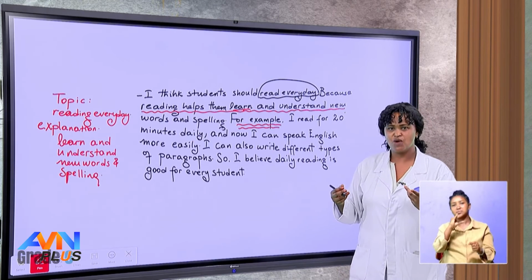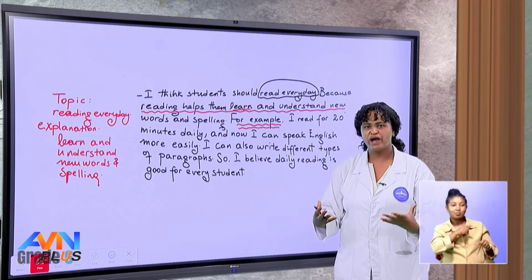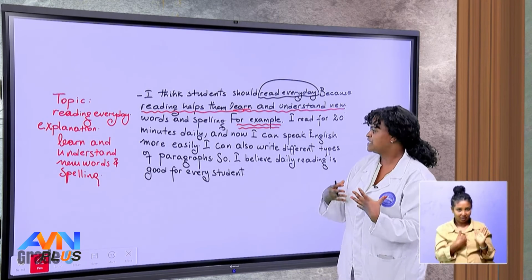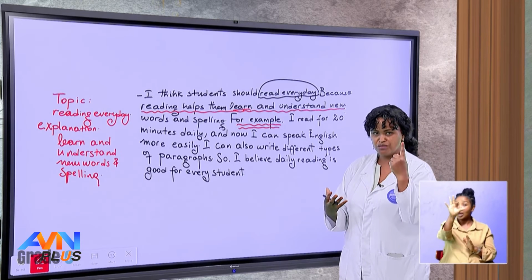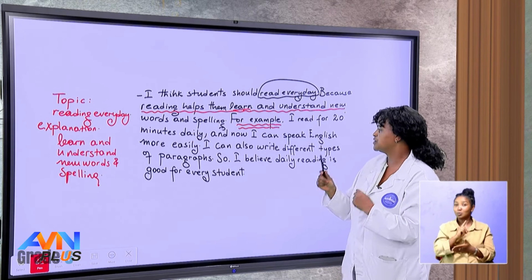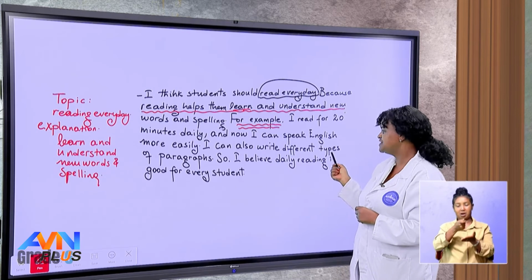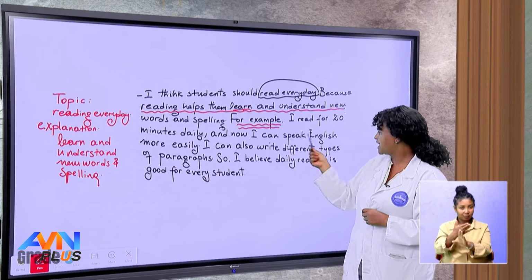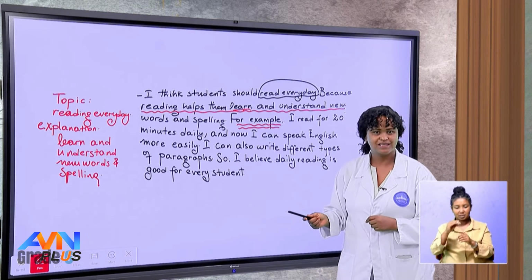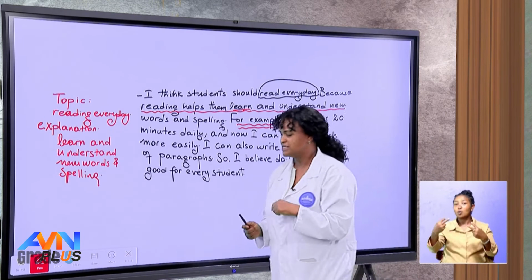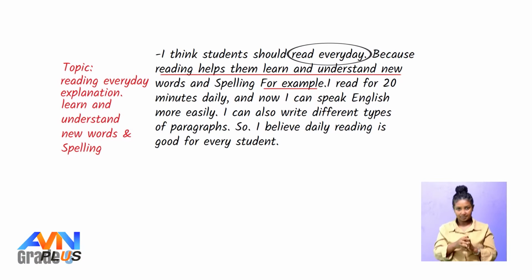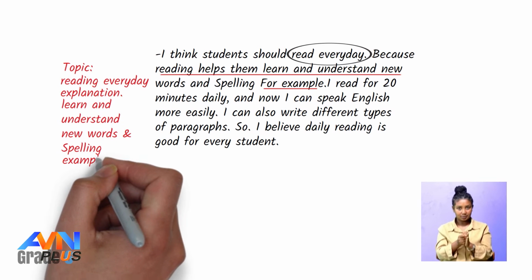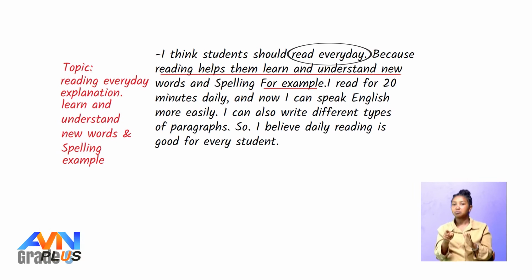The person is now what? Trying to convince us by showing himself and the benefits that you get by reading 20 minutes a day. What are they? Look, I can write different types of paragraphs. Before that, I can speak English more easily. So, we are having what? Example. Under the example, he is telling us what?